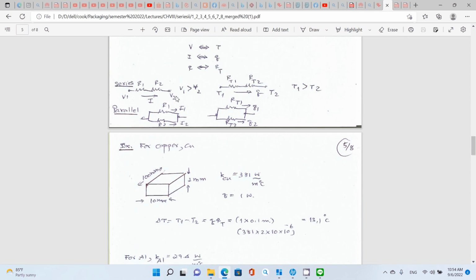You can also work out series and parallel arrangements, or series connection and parallel connection. For electrical circuit, you have R1 and R2 in series. You have a voltage difference, V1 and V2, and that makes current flow.